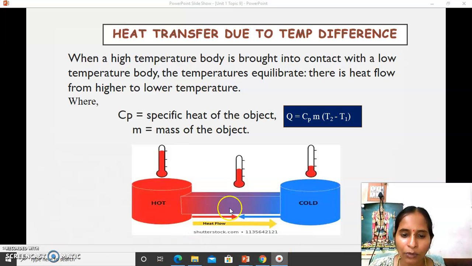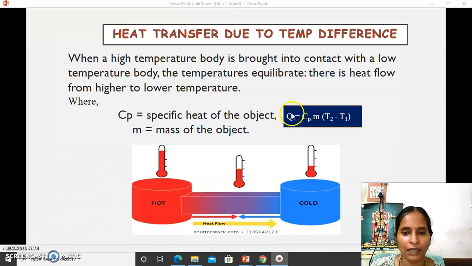And how much amount of heat is being transferred from one source to another source, which are separated by a temperature potential? Q = m Cp dT.